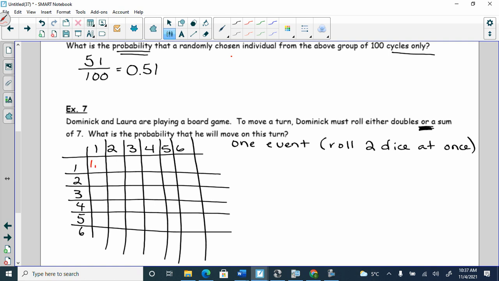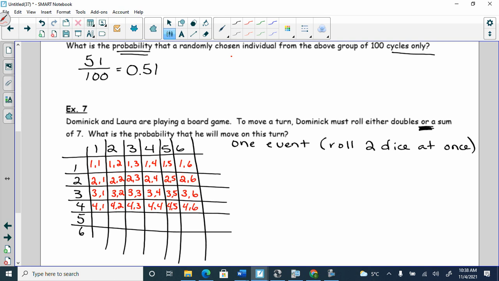So I'm going to get 1,1; 1,2; 1,3; 1,4; 1,5; 1,6; 2,1; 2,2; 2,3; 2,4; 2,5; 2,6; 3,1; 3,2; 3,3; 3,4; 3,5; 3,6; 4,1; 4,2; 4,3; 4,4; 4,5; 4,6.